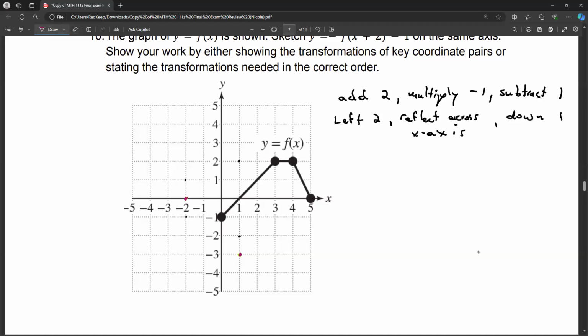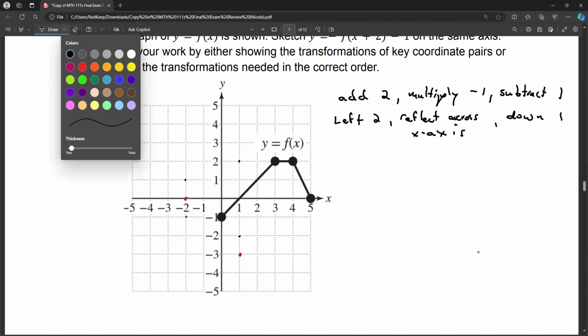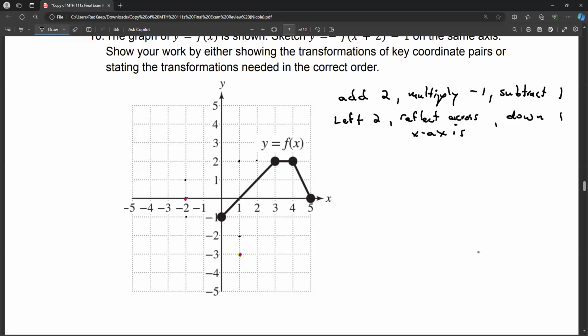Again, repeating the process, left 2, reflect across the x-axis, and then down 1.